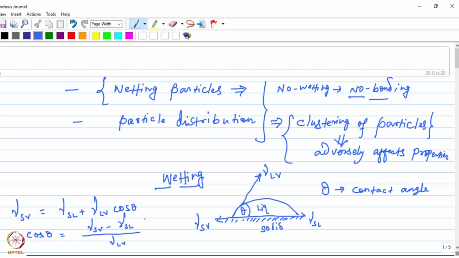So for a good wetting to happen, theta should be small. First of all, it should be less than 90 degree, and lower the theta, better will be the wetting.